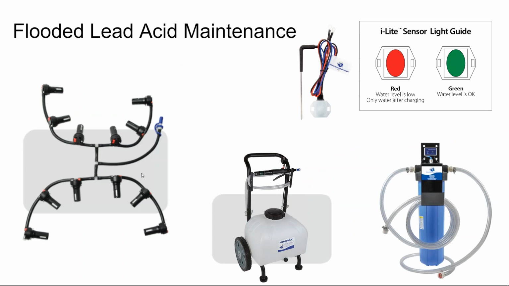Maintaining flooded lead acid is a lot easier than it sounds. Basically, you have to put water into them, and they sell these little watering kits. This is basically a glorified super soaker.